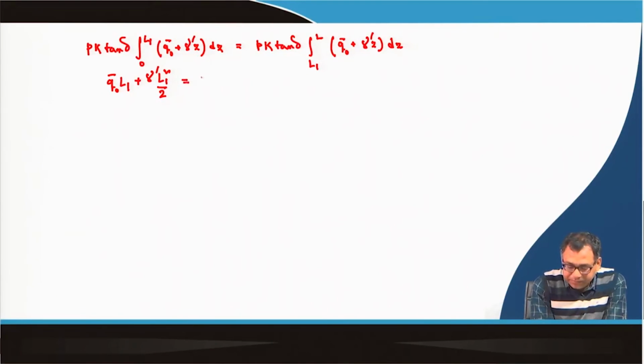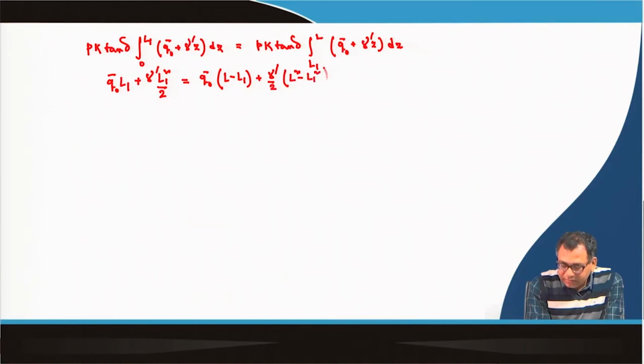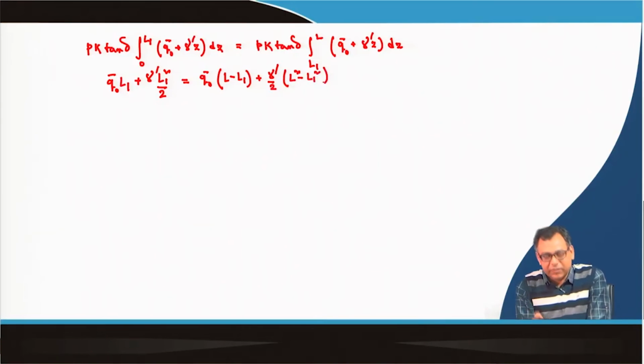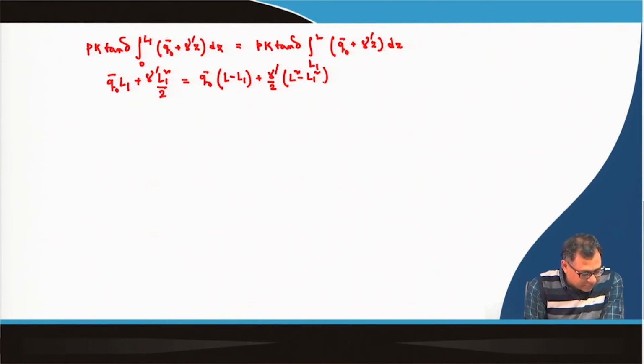Then this will be again Q0 bar into L minus L1, plus gamma dash by 2 into L square minus L1 square, because z square.